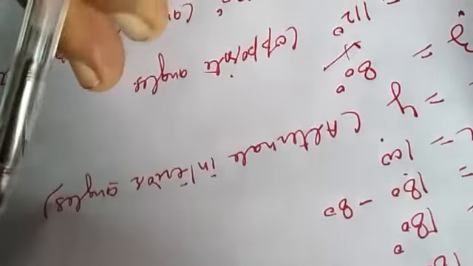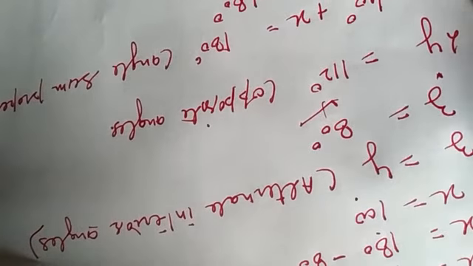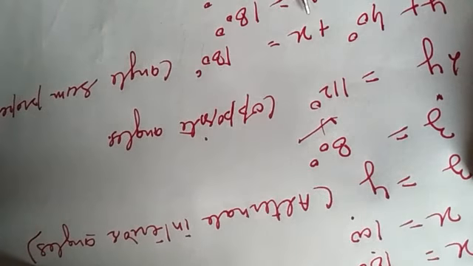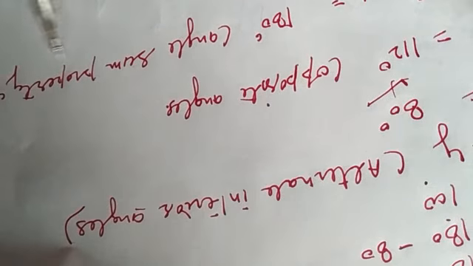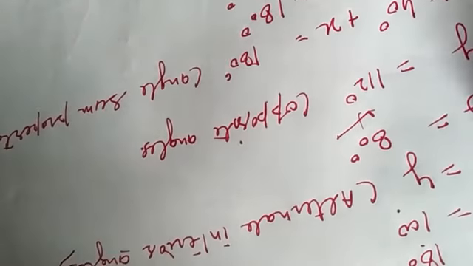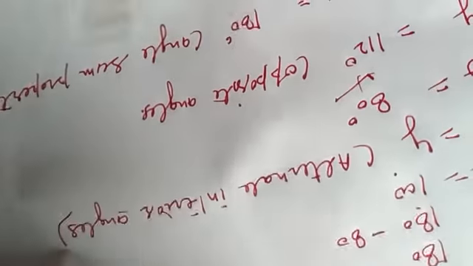Here we got angle y, we got 112 because both are opposite angles. Now y plus 40 is given, and x, they are forming the triangle. Y and 40 and x, they are again 180, angle sum property of triangle. So I'm putting the value of y, that is 112 plus 40 plus x, that is 180.